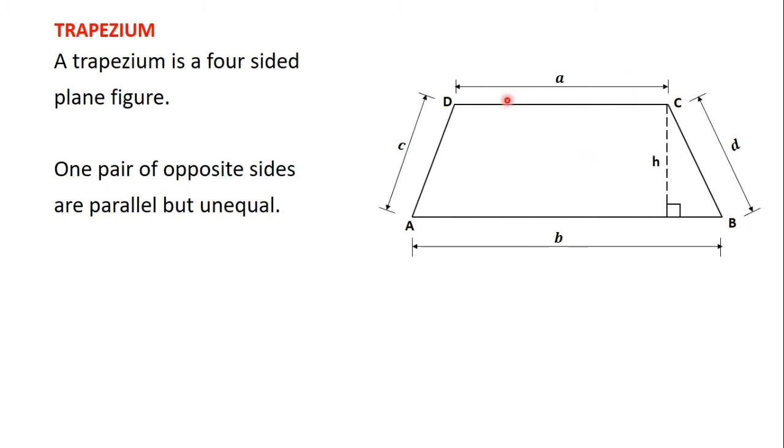So for this particular trapezium, the perimeter is equal to A plus B plus C plus D.